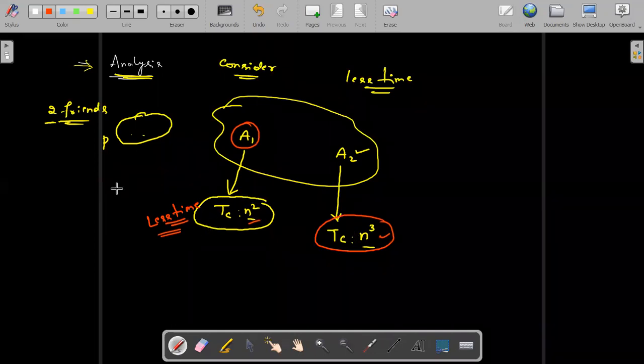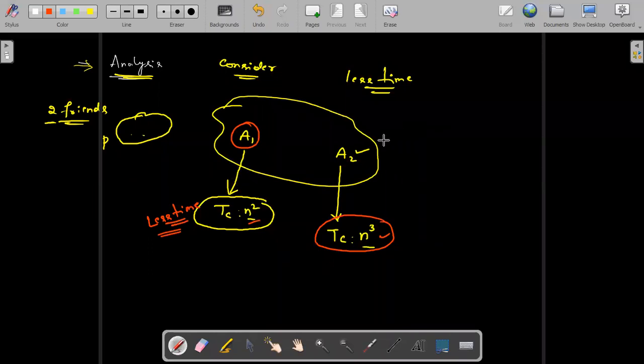Suppose, think like that, the same friends write one more algorithm A1 and one more algorithm A2 for the same problem. Both algorithms are going to execute in n square. Understanding everyone?